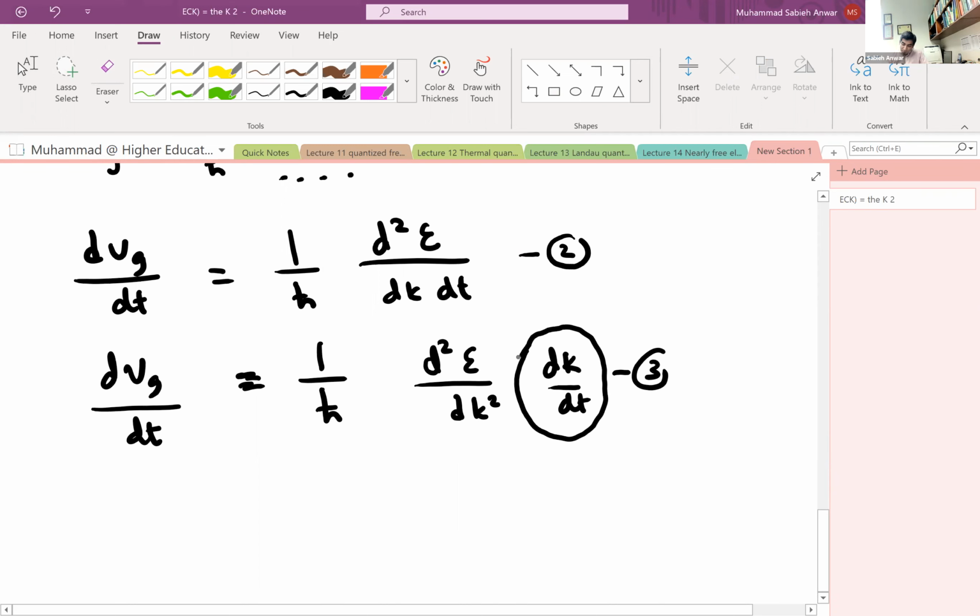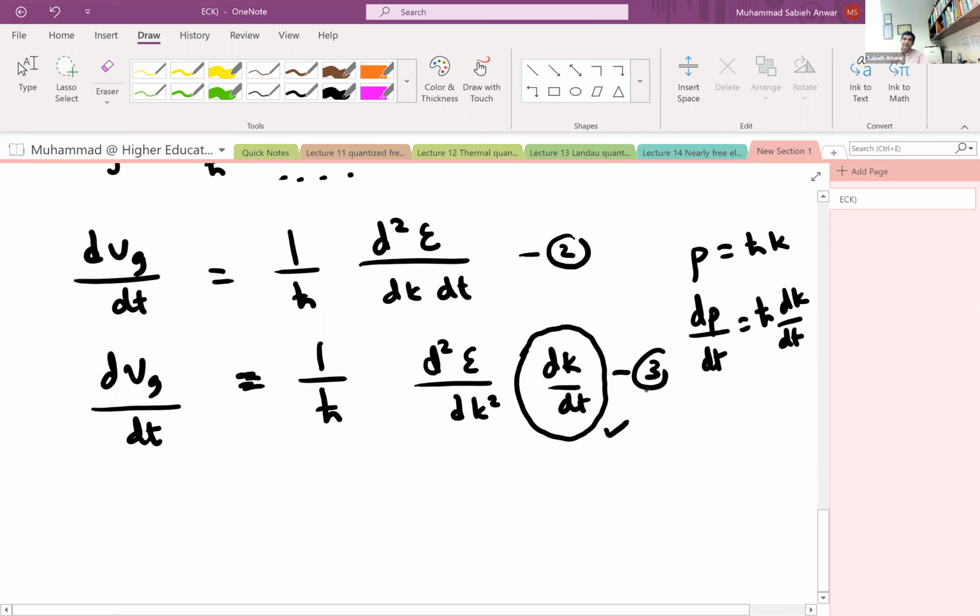Now we know that the momentum is given by h bar k. So if I were to take the derivative of this momentum, dp over dt, I would get h bar dk by dt. So this dk by dt somehow represents a force.